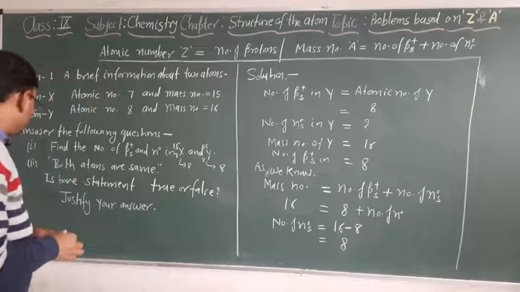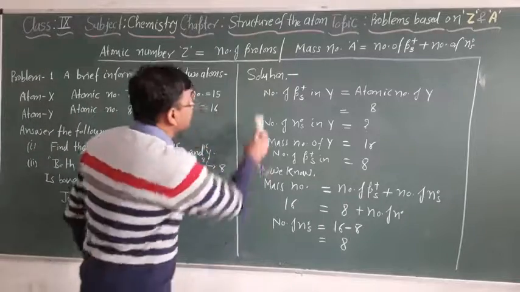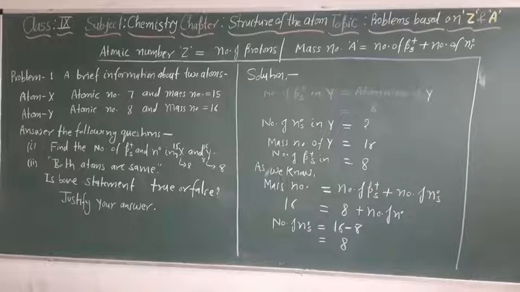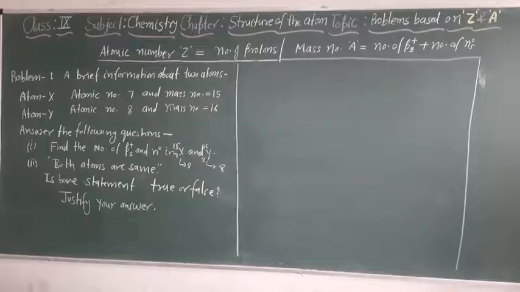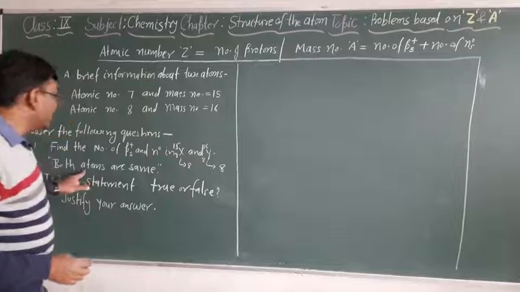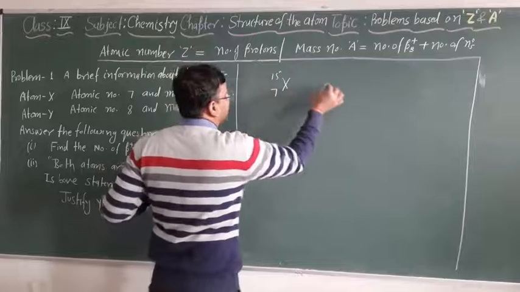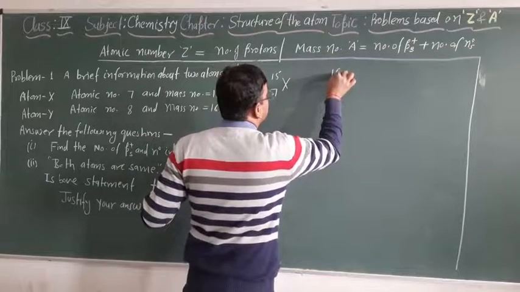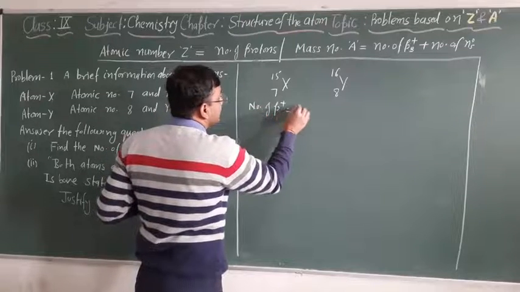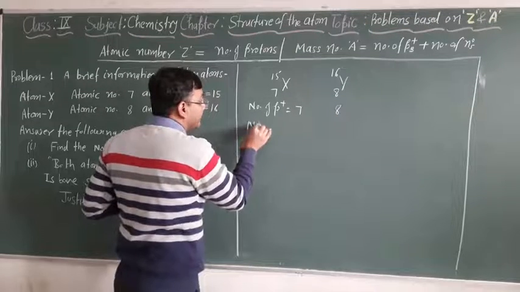Now, the second part: both atoms are the same. Atom X has 7 and 15, Y has 8 and 16. Number of protons 7 and number of protons 8.